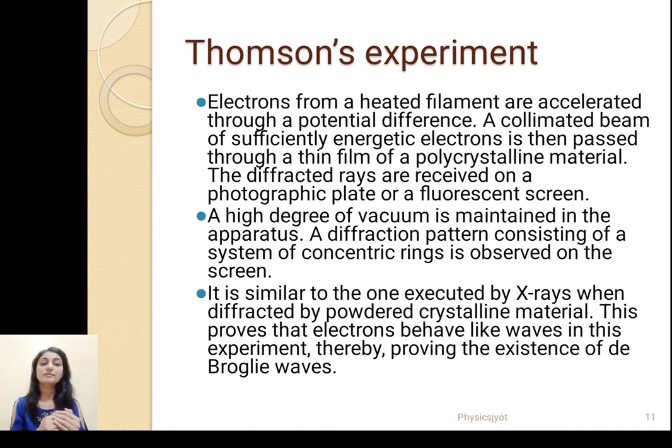A collimated beam of sufficiently energetic electrons is then passed through a thin film of a polycrystalline material. The diffracted rays are received on a photographic plate or a fluorescent screen, and a high degree of vacuum is maintained in the apparatus. A diffraction pattern which consists of concentric rings is observed on the screen.